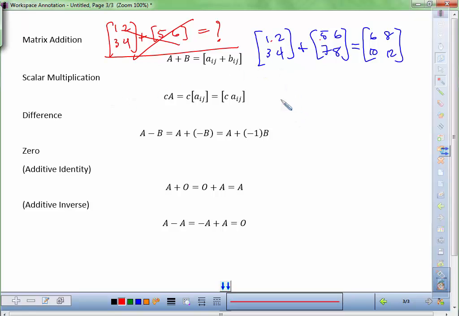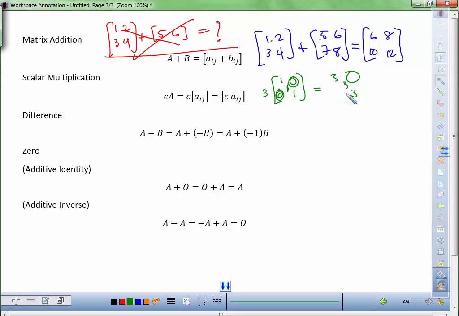The scalar multiplication just involves one matrix and a scalar, so this is the one that we were messing around with that I was getting incorrect. So 3 times the identity matrix. These zeros are bigger zeros than the ones, because this is supposed to be a 3 by 3. This is going to be a 3, 3, 3, and zeros in the other slots.